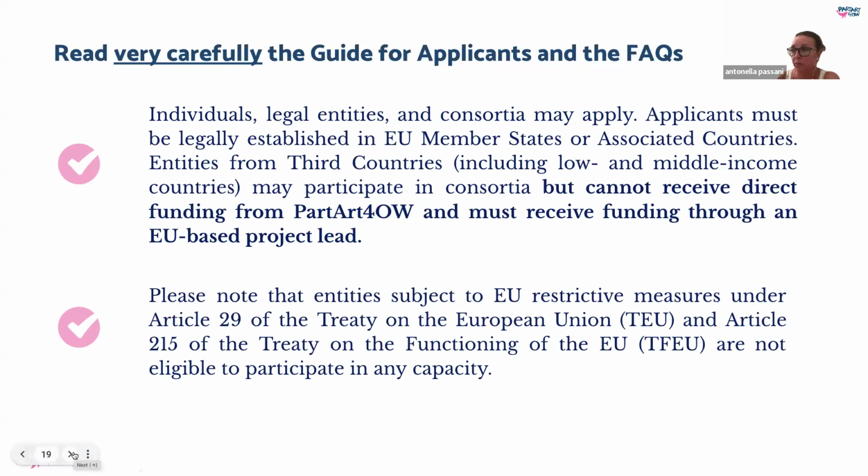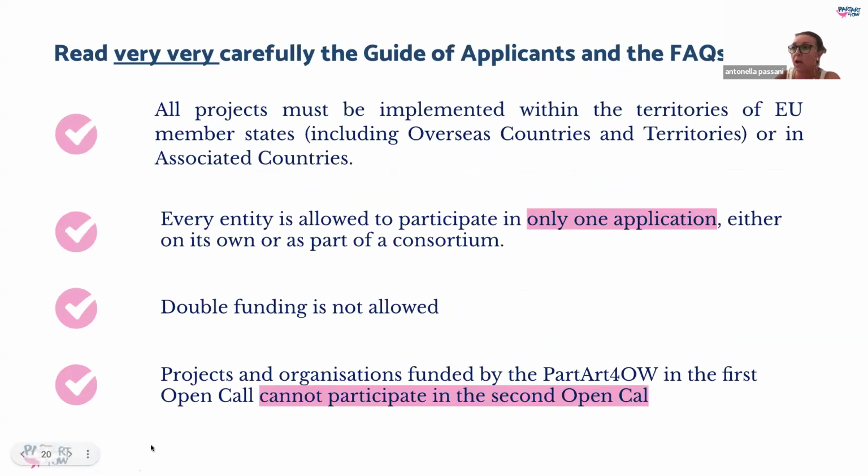Clearly, entities subject to EU restrictive measures under Article 29 of the Treaty on European Union and Article 215 of the Treaty on the Functioning of the EU are not eligible to participate in any capacity. All projects must be implemented within the European territories, member states, or in associated countries.